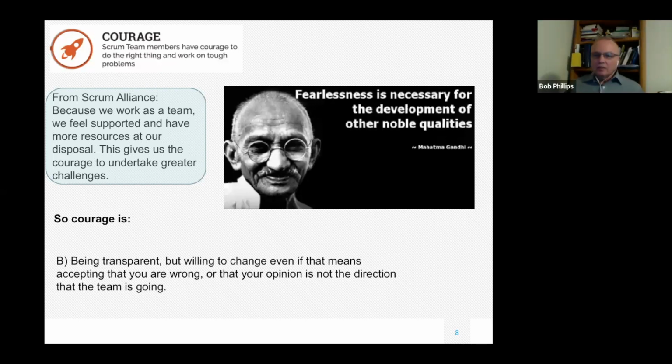Right. And you're stretching, but the goal of courage is to challenge yourself, right? And challenge the team, right? It's being willing to stretch yourself, something that you might not be comfortable with taking on, and also challenging the team.